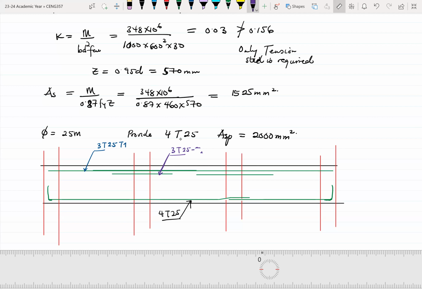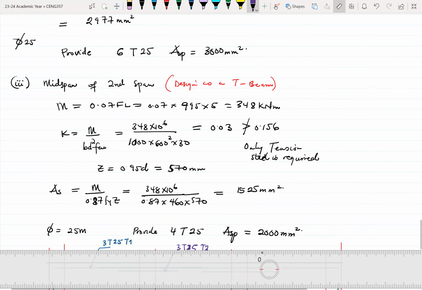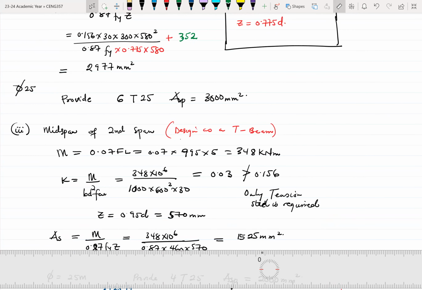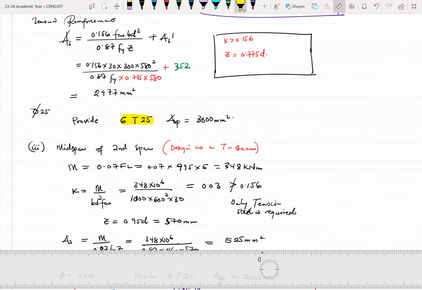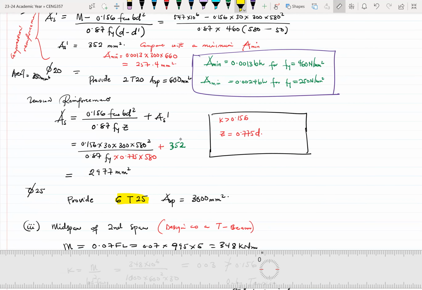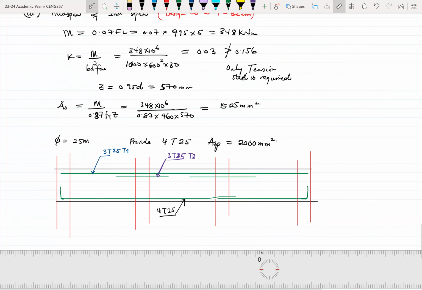We'll just do T2 like this. It's fine. Okay. There's no need to bring the hyphen. Okay. Which makes sense because at the supports, we were asked to provide 6T25 for the tension, and also provide 2T20 at the compression zone.